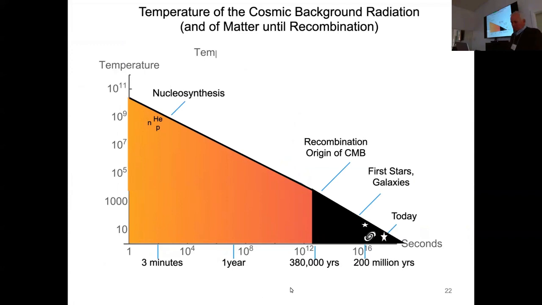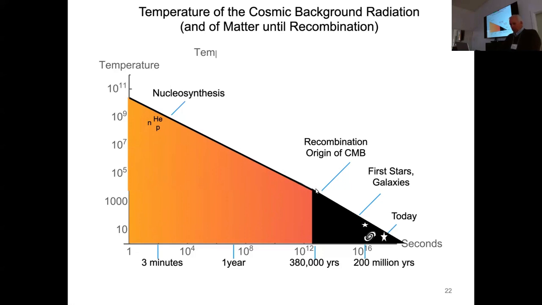Okay, here's a graph that tries to explain this. This is the history of the universe, with time in seconds down here. So the time it's 1 second old. And in these first 3 minutes, we form the nucleosynthesis, we form the helium. And then the universe continues to cool.